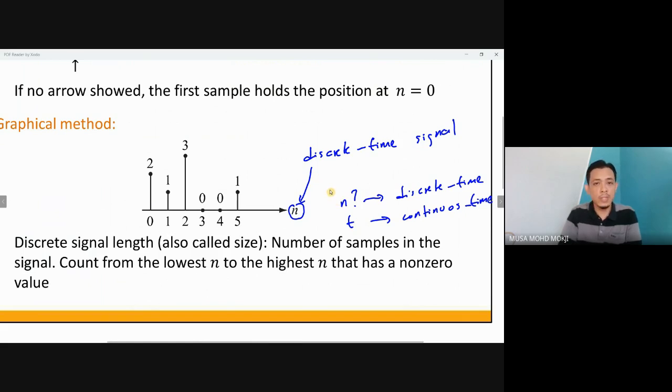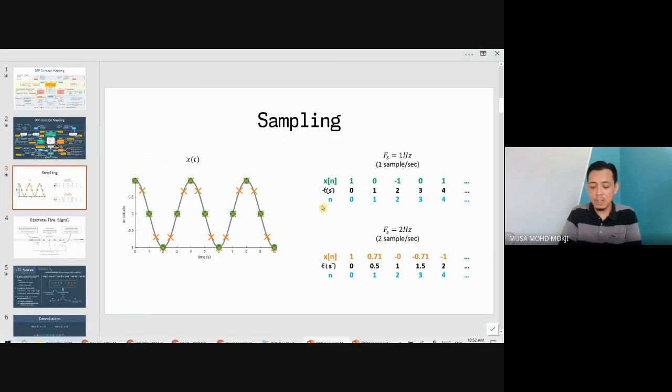But after we do sampling, everything will be changed into a discrete time, which is n. So how do we do that? This is an example of how we do it. So no matter what the signals are, we are converting this time in seconds into discrete values. Okay, into discrete values. So that is our signal.